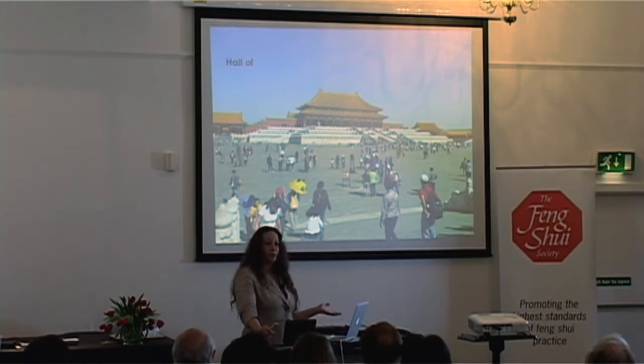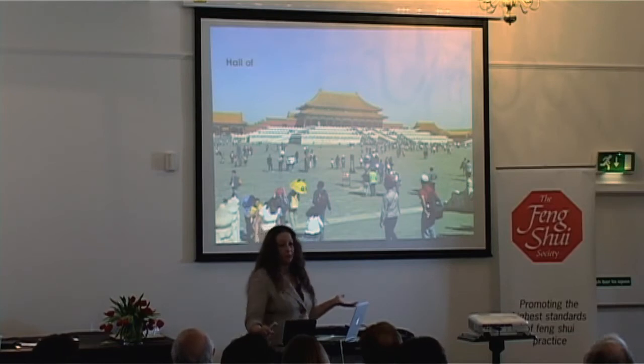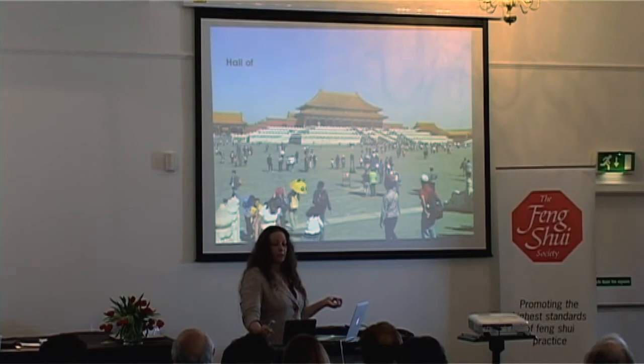It's also the highest point inside the Forbidden City, and in fact this version of the Hall of Supreme Harmony is a new building. The original one was burnt down, and then they built a new one. It's a bit lower, you see. But actually, when you're up there, you can see over the walls to a certain extent. So it's like the emperor is able to look out upon his subjects.